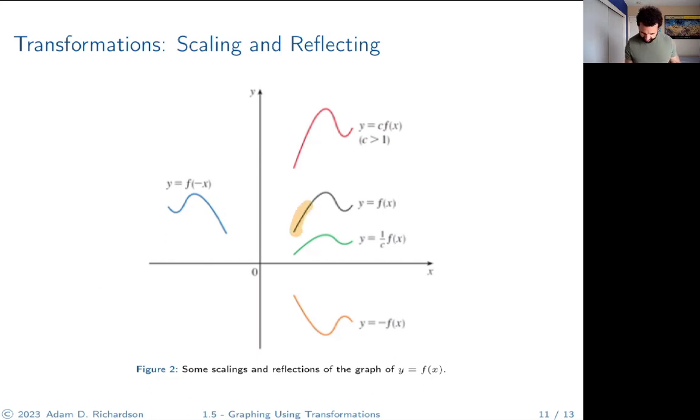Here's the original function f, and then if you stretch it vertically, you get something that looks like that. If you compress it vertically, you get something like that. Here it's flipped over the x-axis, and here it's flipped over the y-axis. And that's why the input over here is now negative instead. All right, so that's the basic idea.